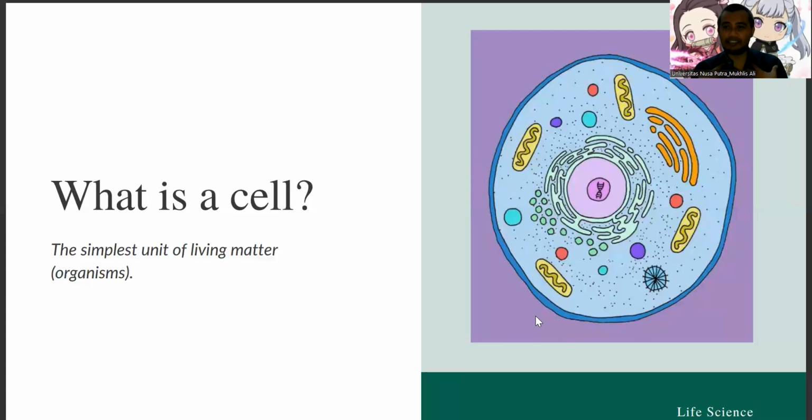Our body as humans, or animals or plants, are composed of multi-million cells. And there are some classifications of cells and what are its organelles. We will talk more deeply in this session.